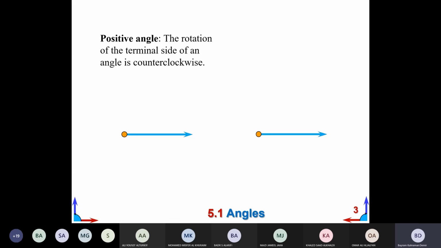If the rotation is opposite to clock rotation, counterclockwise, then we are going to call it a positive angle, as in the example.